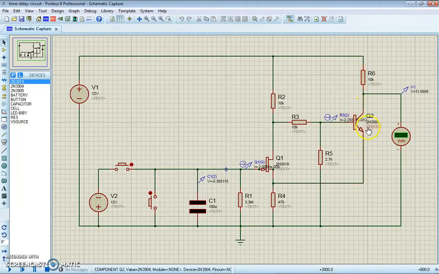In the previous diagram, the question provided that the emitter is connected with R6. After some modification, we decided to change the position so that the collector is connected to R6. So let's try to run the simulation.